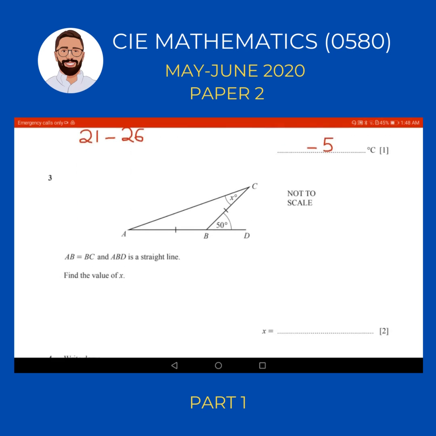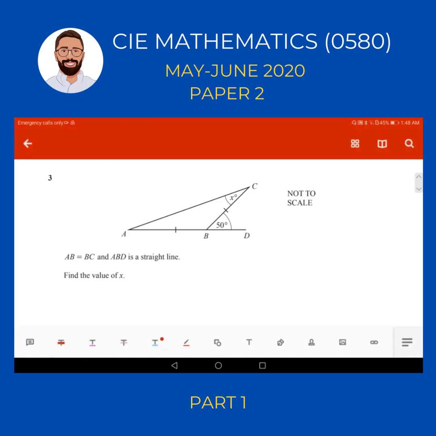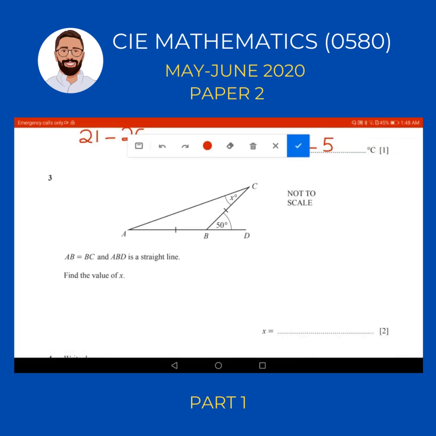Question 3. We're given that AB is equal to BC and ABD is a straight line. Find the value of x. Now, since AB is equal to BC, then triangle ABC is an isosceles triangle.